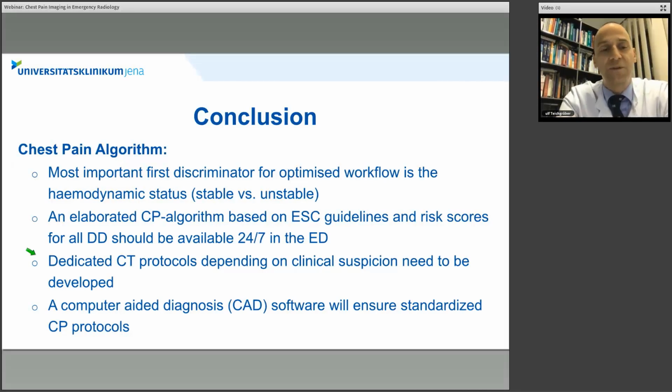For us, it was quite helpful to have a computer-aided diagnosis software, which is our own development in this case, but it allows us to see the standardized protocols. Of course, you can also draw this on paper or have the pages from the guidelines available, but I think the best is if you have this already preserved by a software. Okay, thank you.